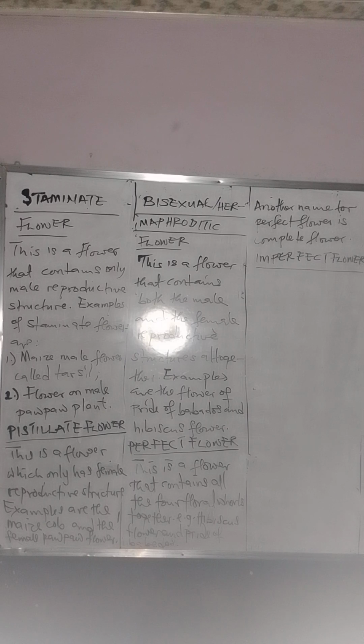Are all bisexual flowers perfect? Are all perfect flowers bisexual? A perfect flower must have all the 4 floral whorls. It must have calyx, corolla, androecium, and gynoecium. So are all incomplete flowers unisexual flowers?